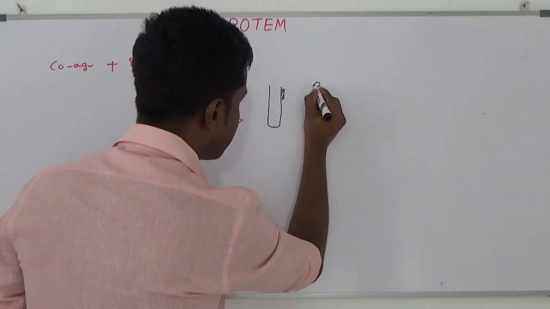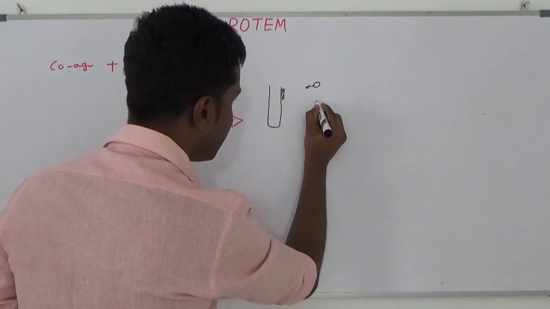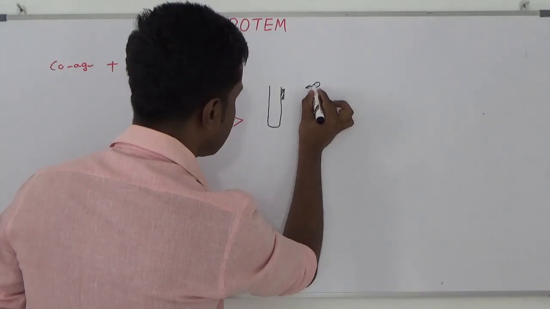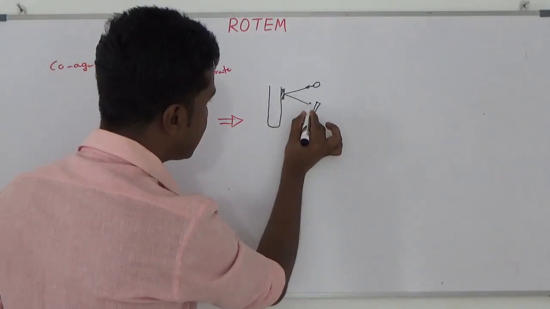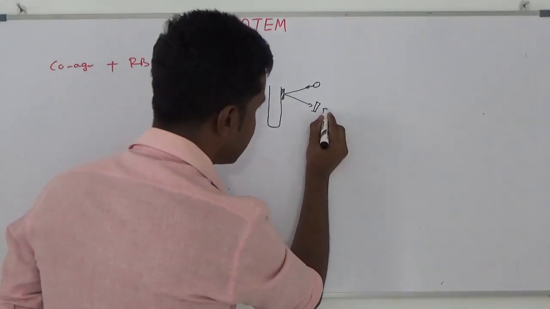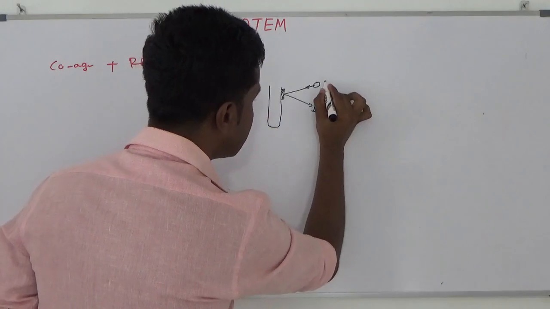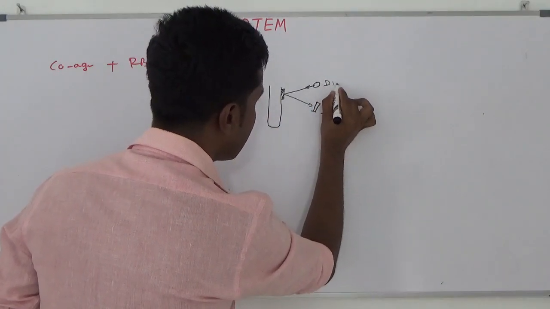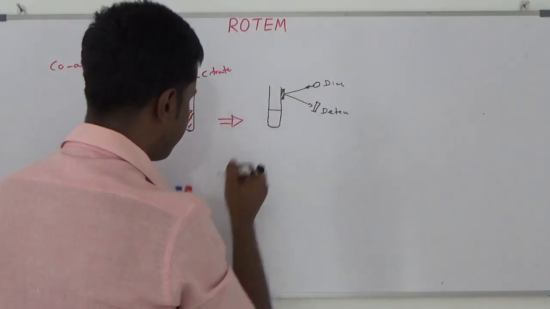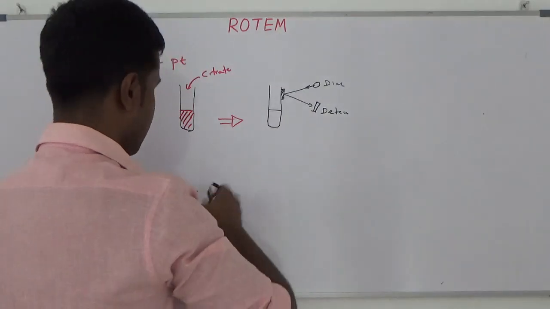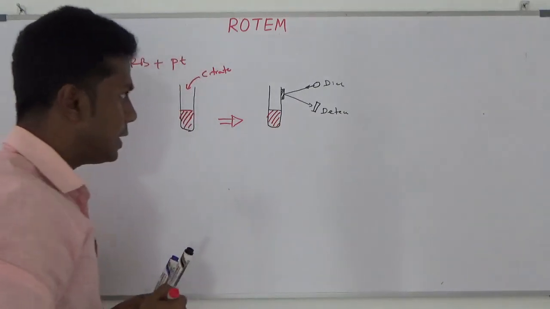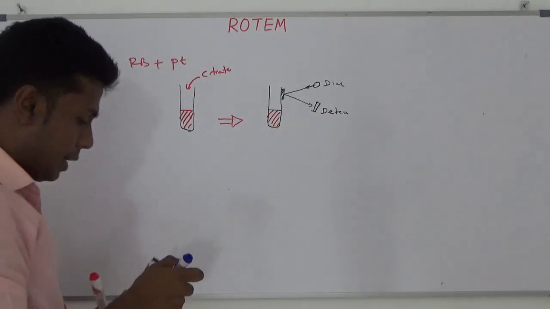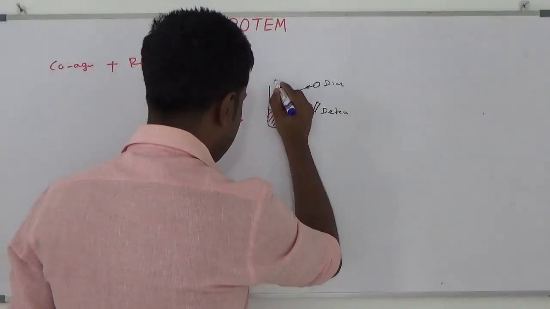Here is a light emitting diode, here a photodetector. This light goes and flashes onto the mirror, reflects back and is detected by the detector. Here the detector, here your diode, here you have blood. What he does is put a small pin into that blood sample.